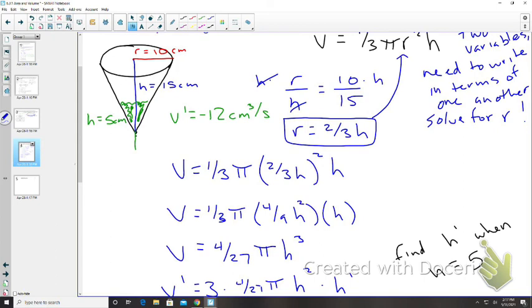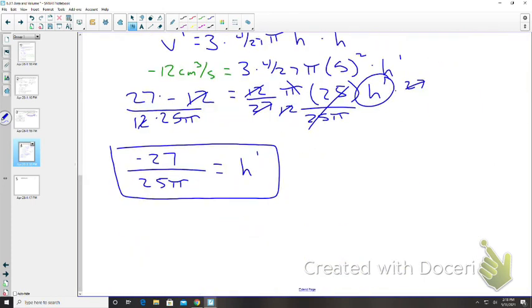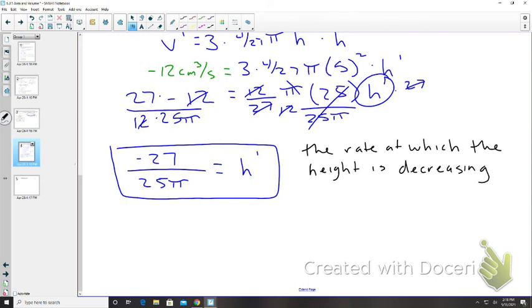So let's finish up that. As Quinn said, the rate at which the height is decreasing is 27 over 25 pi centimeters per second.